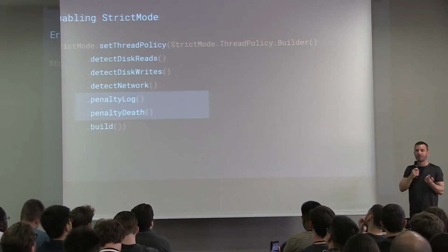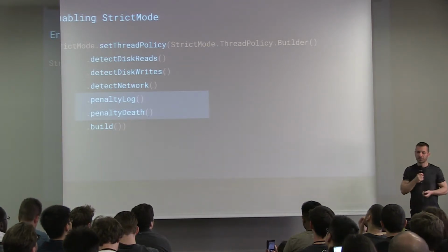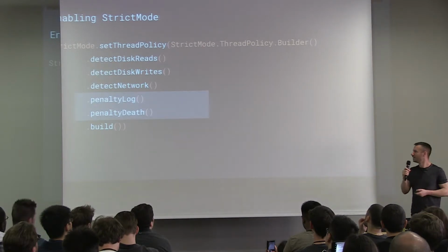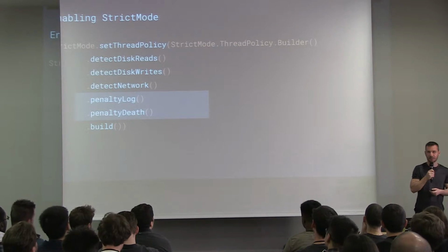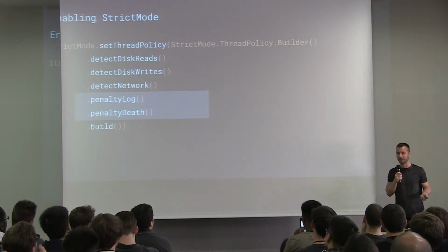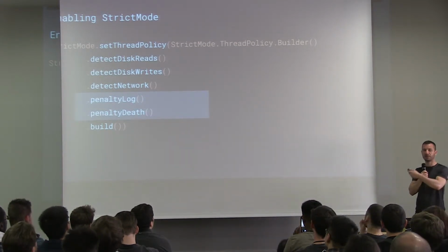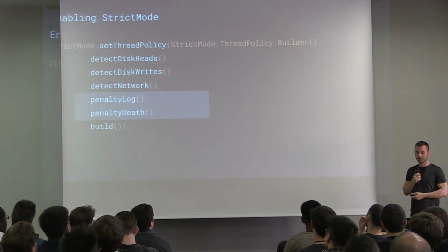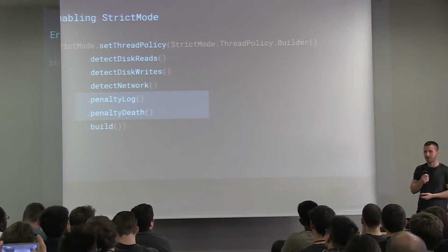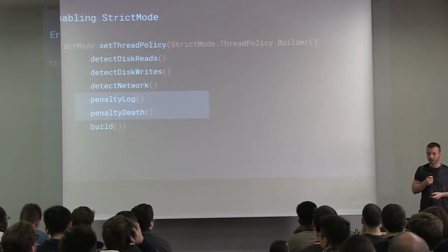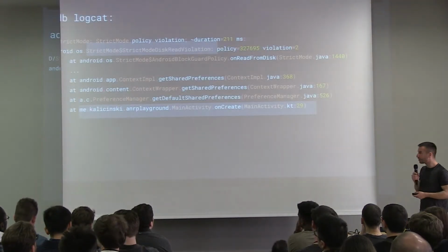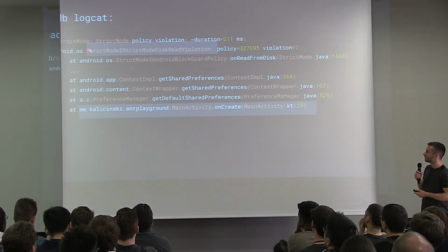But I might miss a log. I might not care about the logcat. So I'm going to be even more strict, and I'm also going to say penalty death. So my app literally just closes. Now whenever I run one of the code samples that I showed you before and try to debug my app locally, my app would crash. I would look in the log, and what I would see is something like this.